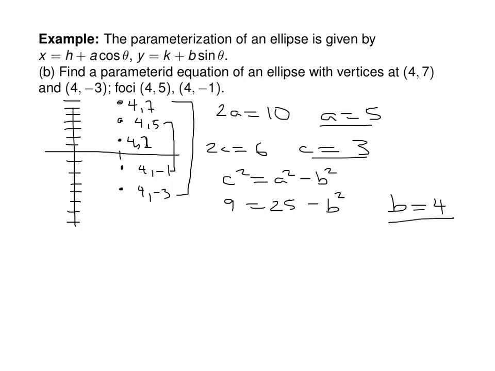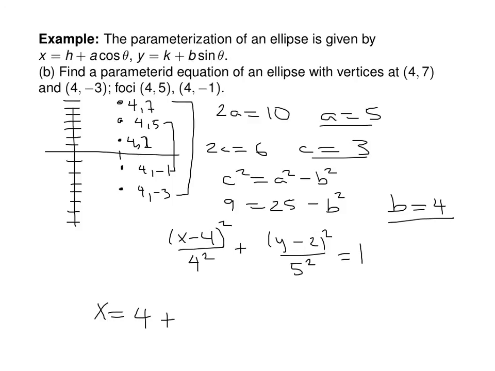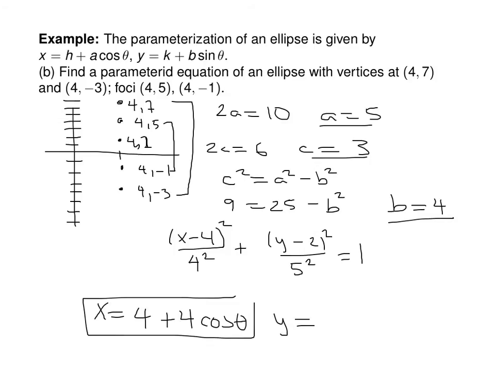So the normal equation is (x minus 4) squared over 4 squared plus (y minus 2) squared over 5 squared equals 1, or x equals, so h is 4, plus 4 from the denominator, cosine theta, and then y is equal to 2 plus 5 sine theta.